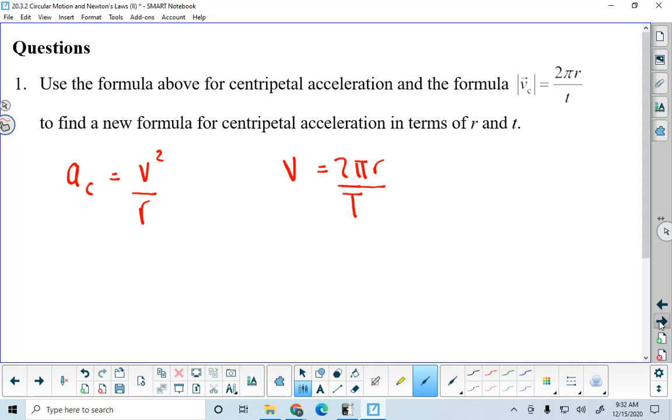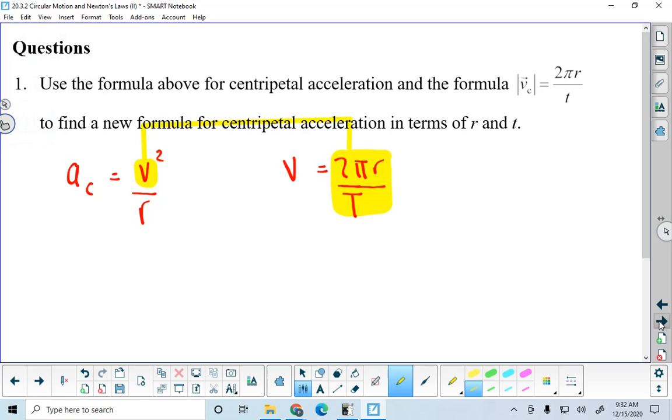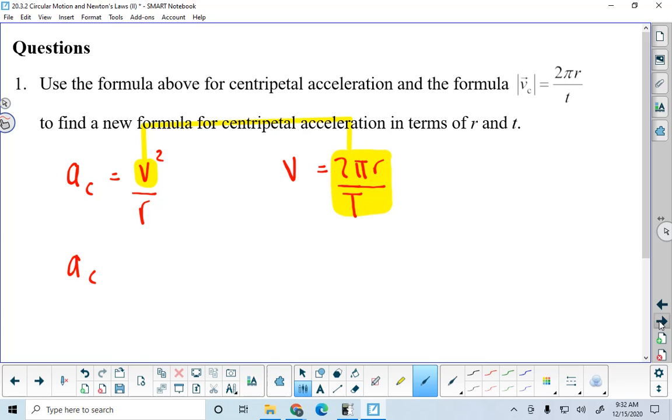So what I am going to do is take this, which is speed, and put it right here, because speed is 2 pi r over T. So I'm going to build a new formula through substitution. And the new formula will be the centripetal acceleration has a magnitude of 2 pi r over T, squared, divided by r. That's v squared over r.